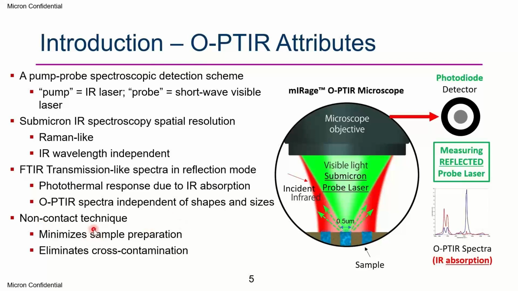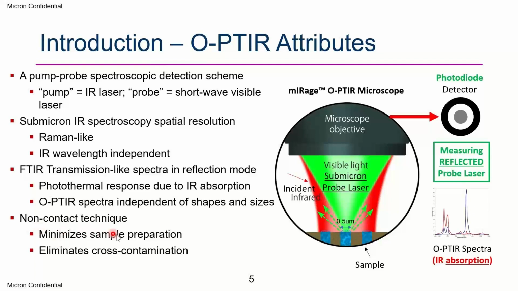Meaning that sometimes if you contact the sample, it may already introduce some artifact or contamination onto the surface. So you may need to redo another time. Then you need to re-prepare the sample to remove the contamination and then continue to analyze by the ATR FTIR.